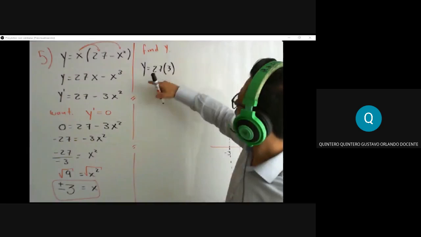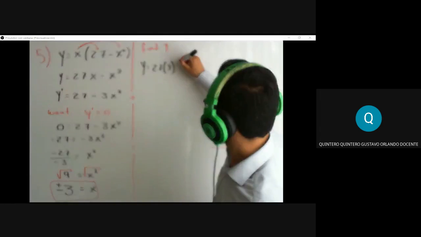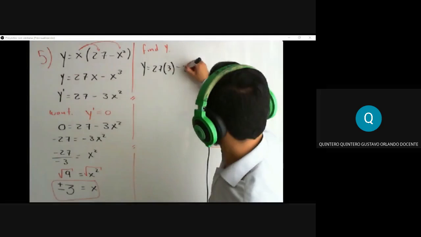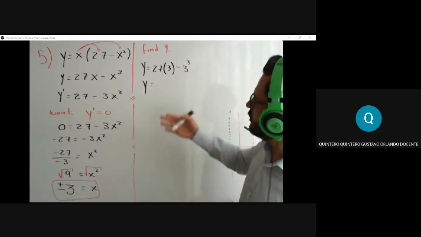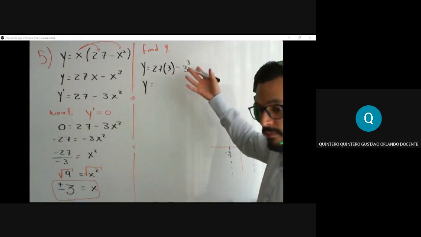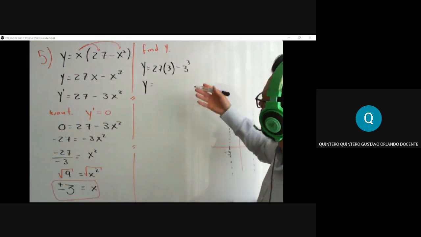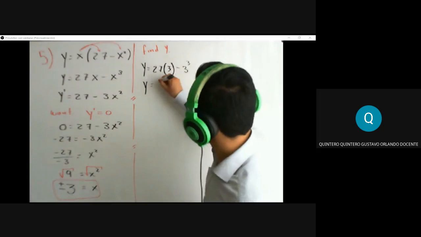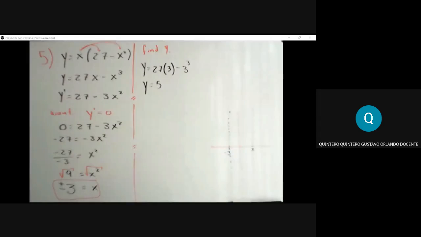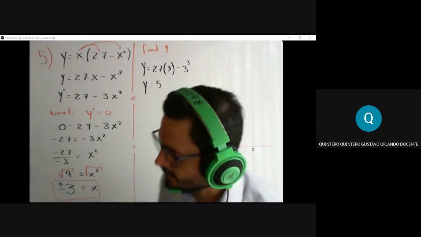Okay, so I'm going to replace the x by positive 3 minus 3 cubed, right? And by using the calculator, again, in an examination, it is okay to use the calculator for these types of multiplications and subtractions. We know this should be 54, right?